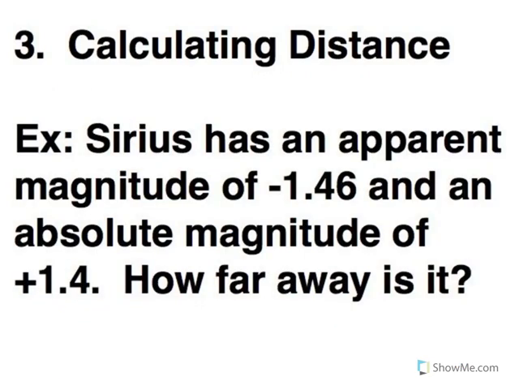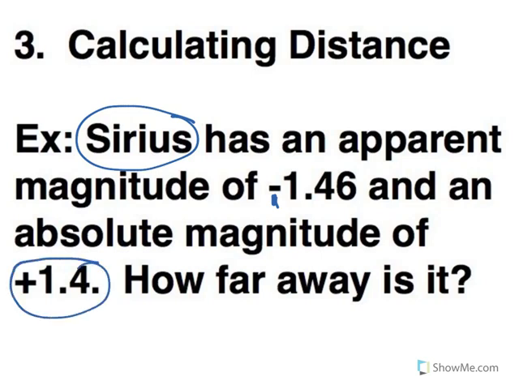Well, here's a typical scenario. Sirius, which is the brightest star in the night sky. So it has a very bright apparent magnitude, negative 1.46. And we know from our spectral type measurements that it has an absolute magnitude of plus 1.4.